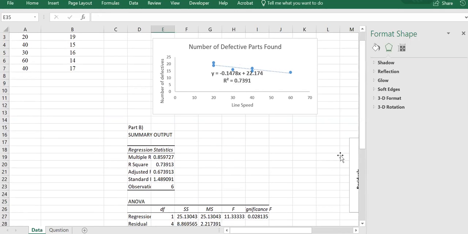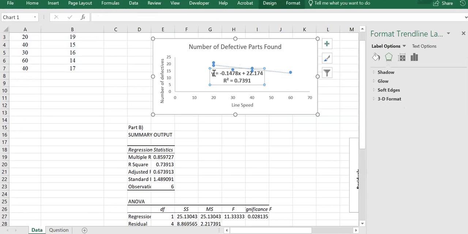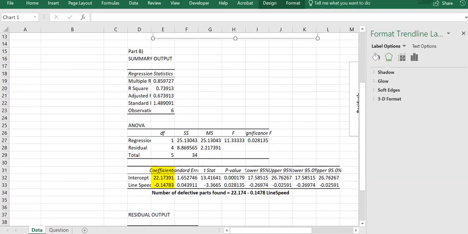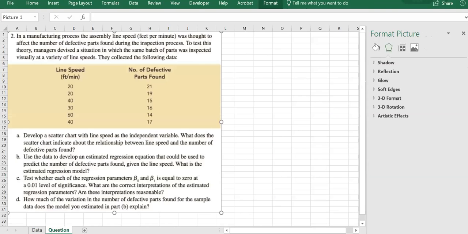And this is y hat, by the way. Y hat, or estimated value for y, is slope times x, x being here the line speed, plus the y-intercept. All right, so that's the equation.